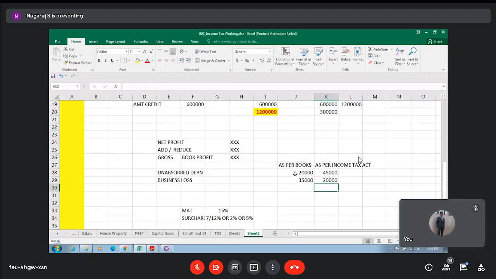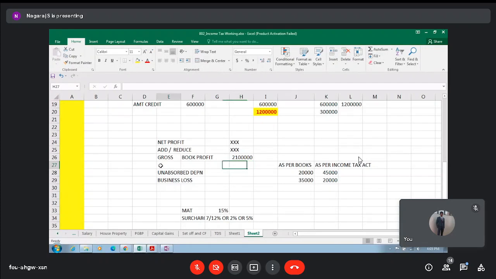They may give book profit, say 21 lakhs. You need to do the adjustment for either of these two.